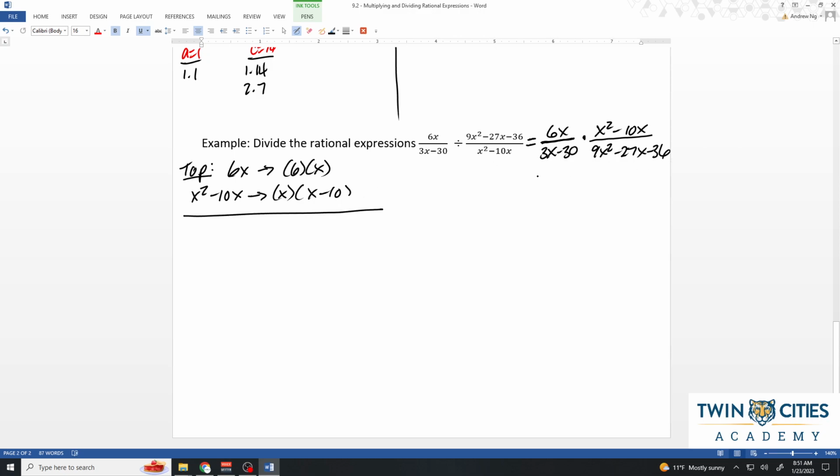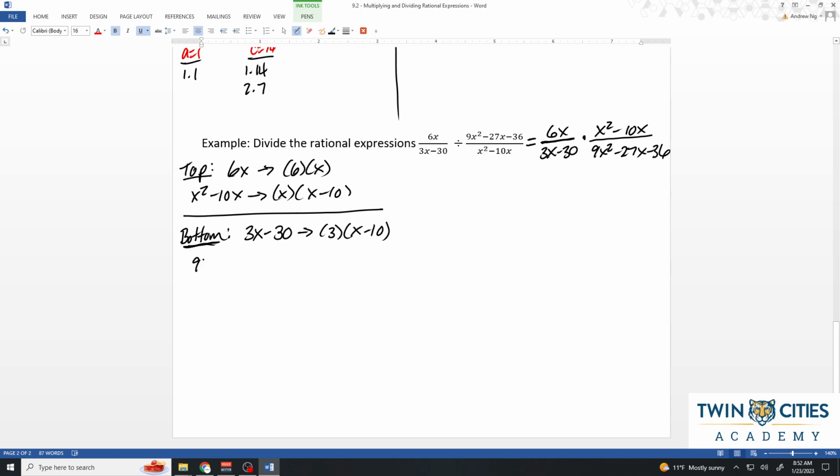All right, now let's go through the bottom parts. For the denominators, I've got 3x minus 30. These two have a 3 in common. We'll bring that out to the front, leaving x minus 10.